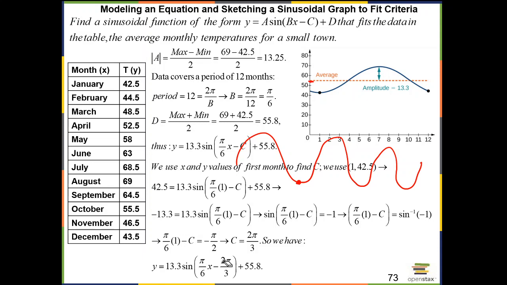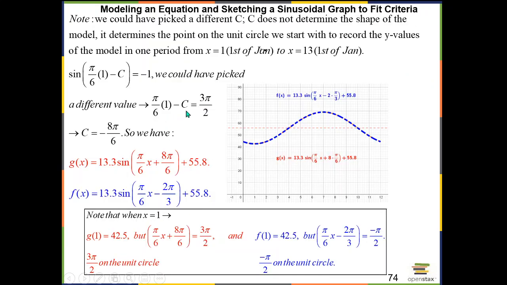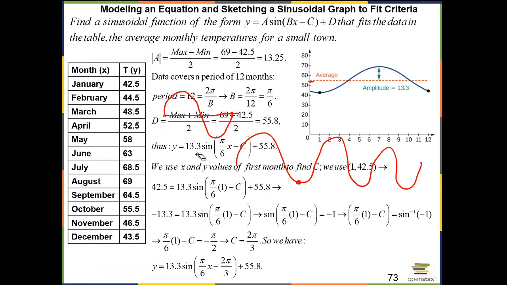So if we use this shift at 1, we end up with this number. Obviously, you might say sine looks like this, but that is if it's not shifted. We start at the average if you're not shifted. But if you shift sine, you can start from anywhere. Okay, so there is a shift of 2 pi over 3 to the right.